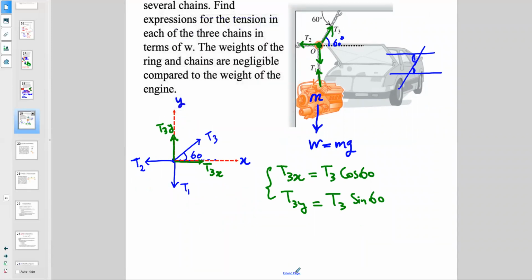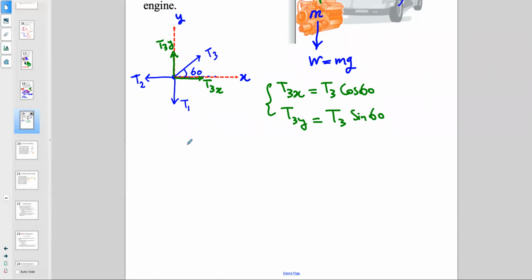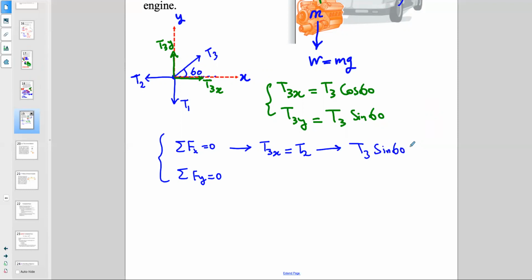Okay, so let's write down the equilibrium. Sigma F of x should be 0, sigma F of y should be 0. Along the x direction, what do we have? Along the x direction, I have T3x equals T2, which means T3 sine of 60 equals T2, okay?